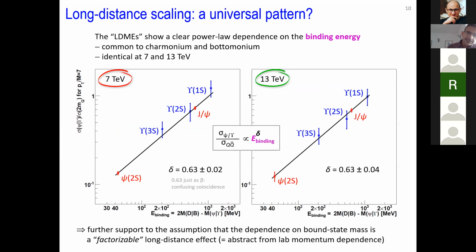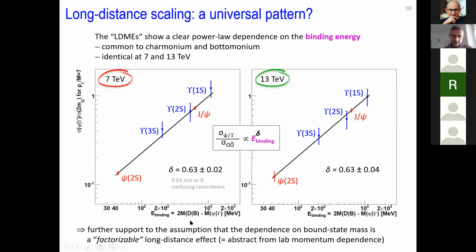Here we see the ratio of the quarkonium cross section over the cross section of this extrapolated object having twice the mass of the quark, and we plot them as a function of what we call the binding energy.